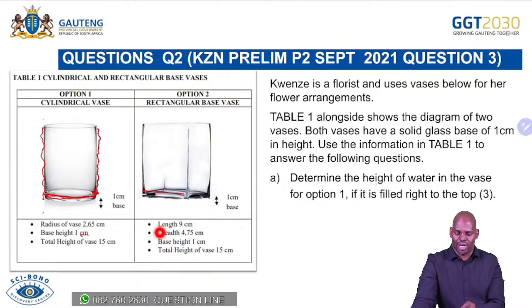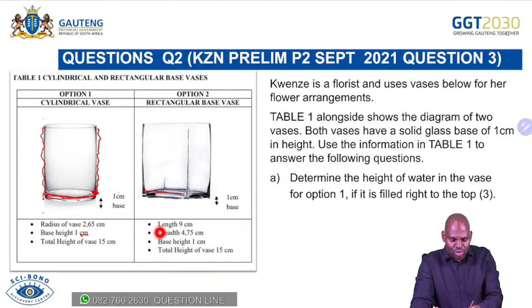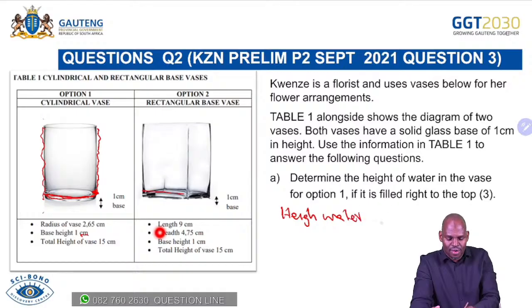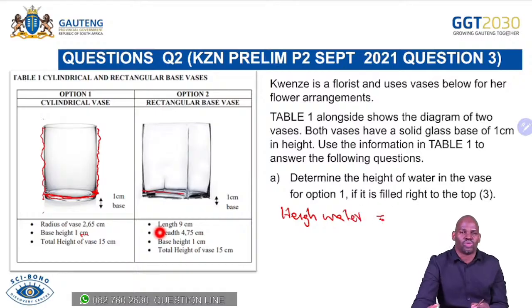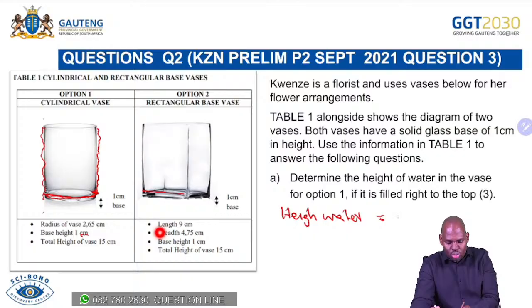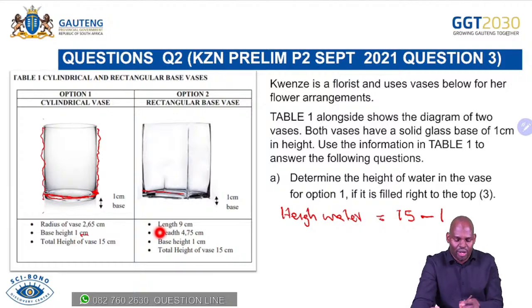Now, how do we determine the height of water? The height of water will be equal to the total height, which is 15, minus 1 centimeter. So it's 15 minus 1. You can indicate 15 centimeters minus 1 centimeter, but in the end, the answer is 14 centimeters.